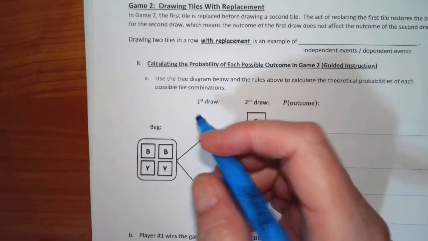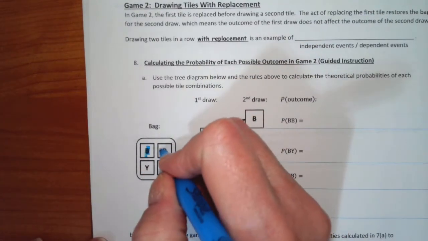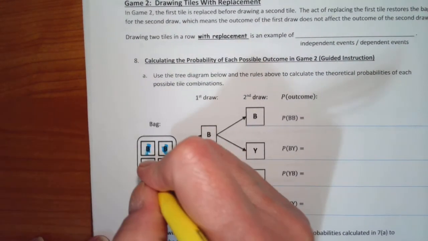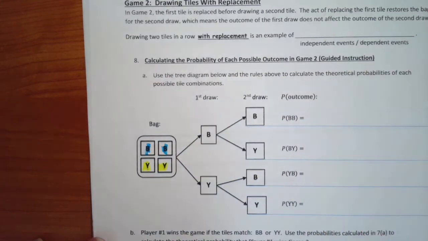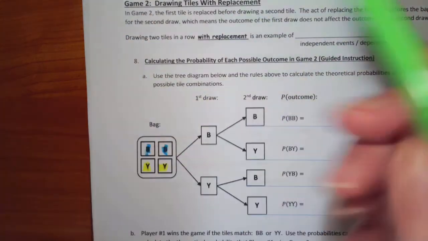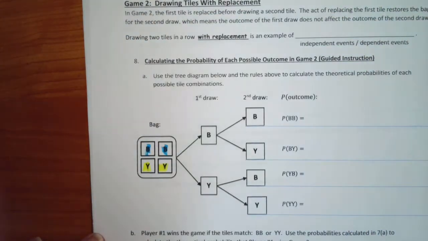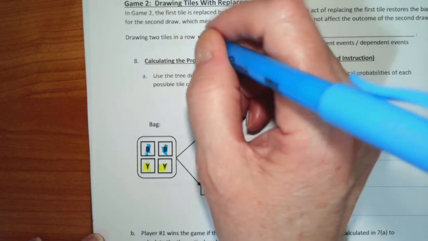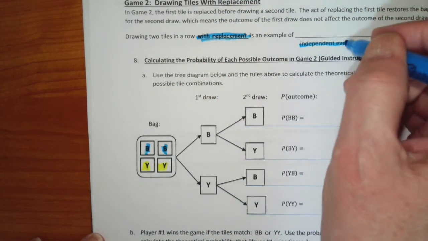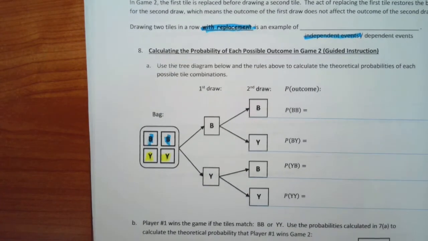We've got our 2 blues, our 2 yellows, but we are replacing them. So with replacement means they are independent. Now let's show you why.